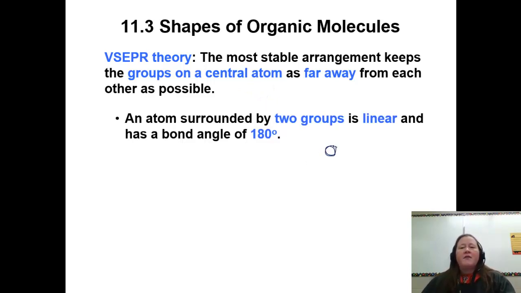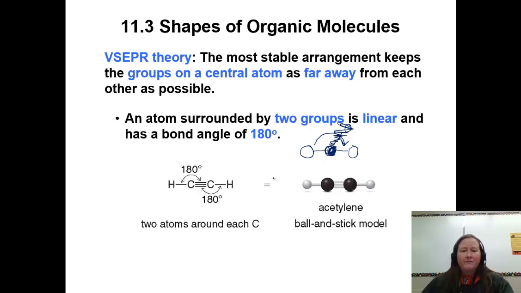So if you have an atom that is attached to two groups, two atoms like this, it is going to have a bond angle of 180 degrees because these want to get as far away from each other as they can. If this is here, that's too close. So they're going to be in opposite directions.